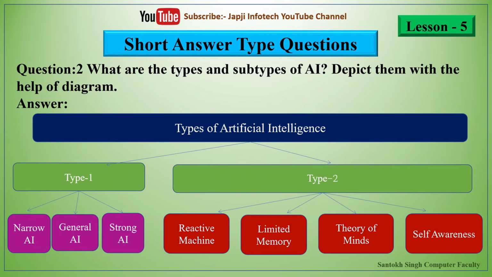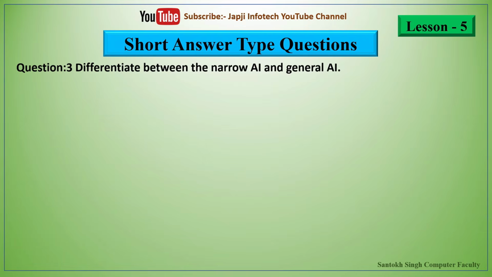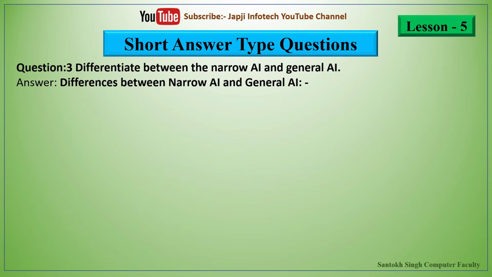Similar to type 1, type 2 also has four types. The first one is reactive machine, the second one is limited memory, the third one is theory of mind, and the fourth one is self-awareness.